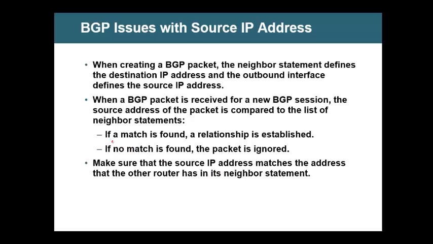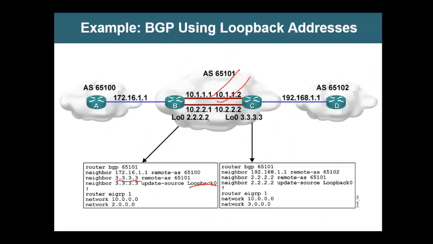Because if a match is not found, the packet will be ignored. The source address of the incoming packet will be compared with the neighbor statement. So here, when you don't use the command update-source loopback 0, one of the exit interface addresses will be the source, which is not matching with the neighbor.